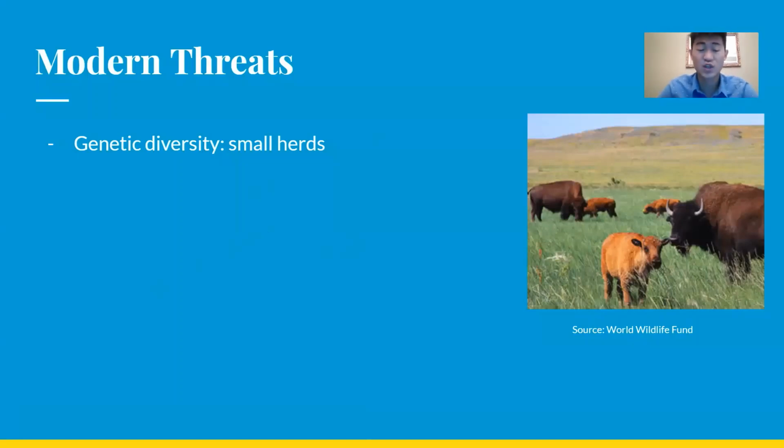Because genetic diversity is how species evolve and improve and deal with changes and continue to thrive. But because there's small herds, there's not many different mating options. So what happens is there's a lot of inbreeding, and this causes a lack of genetic diversity, which can cause mutations, different diseases, and all around it's just not healthy for the species and for the herd, right?